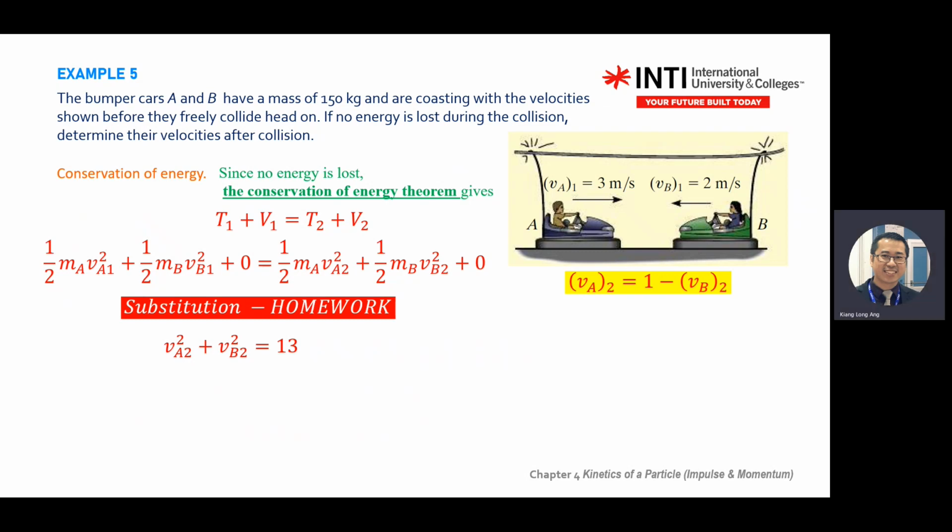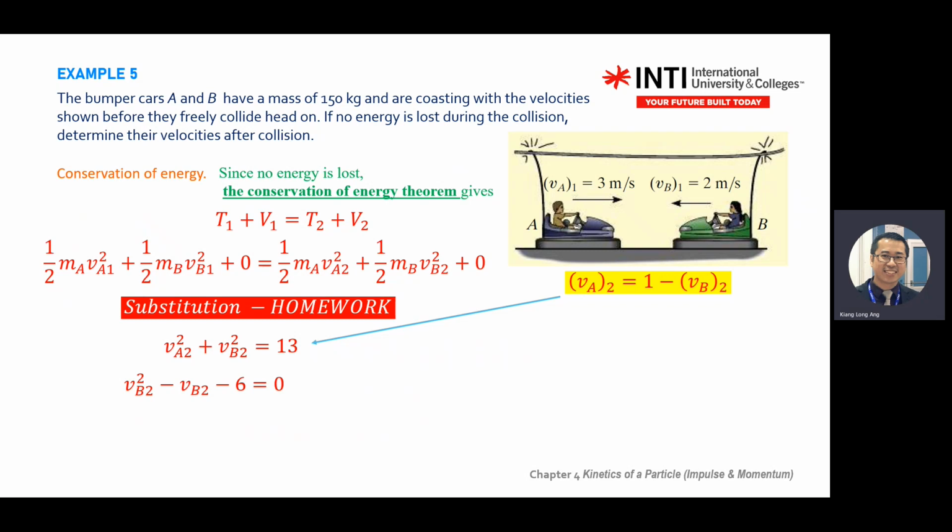All right, you get VA square plus VB square plus 13. You have this equation. Substitute back here, cancel the A or B. You get a quadratic equation.